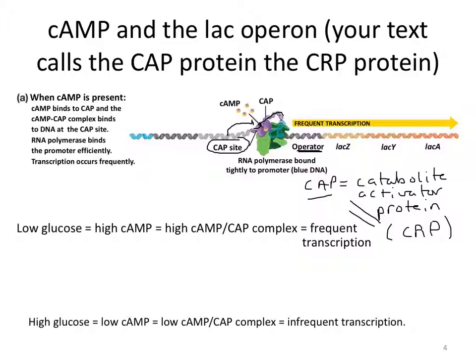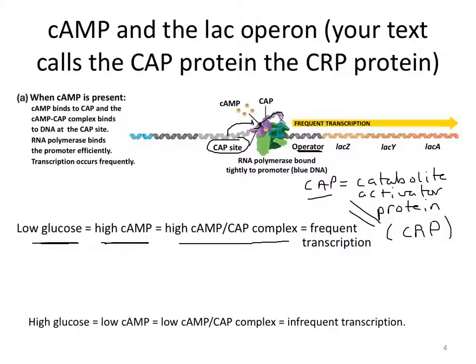So what happens in the cell, in E. coli more specifically, when you have low glucose, is that you have high cyclic AMP because of the impact of glucose on the synthesis of cyclic AMP that I discussed in the previous slide. So low glucose equals high cAMP, which means high cAMP-CAP complex.